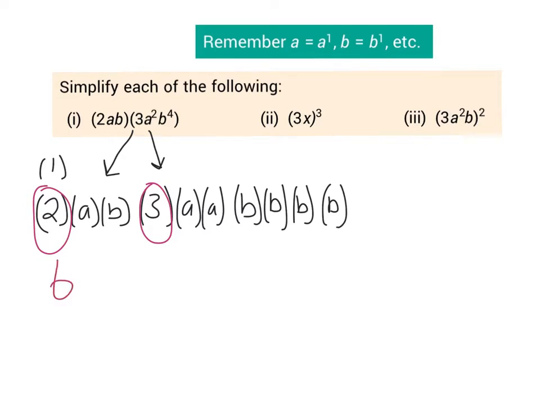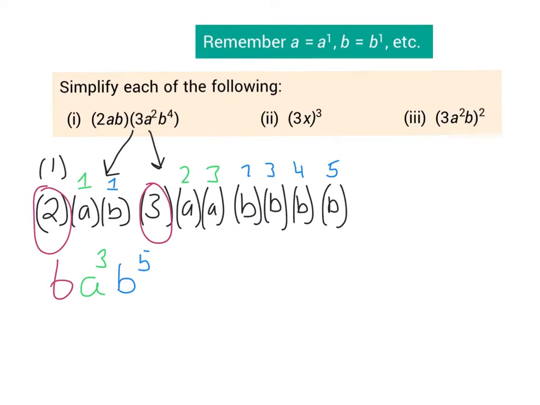And the rule when you have indices or powers and you're multiplying is that you add the powers. So in this case, we count up how many a's we have. We have 1, 2, and 3. So it's a to the power of 3. And we do the exact same thing with the b's. We say it's b to the power of 1, 2, 3, 4, 5.